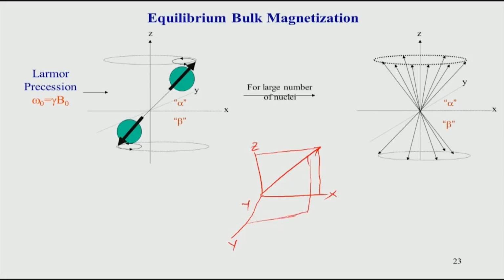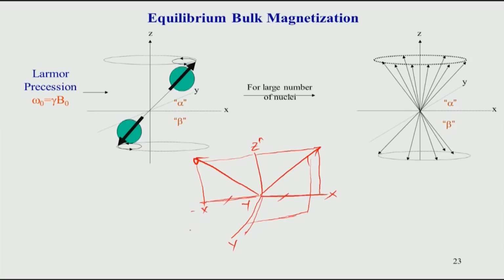Now, if you look at another vector which is in this direction, that will have a component along minus x, a component along z, and it will also have a component along the y axis. So, this minus x component is exactly cancelled by what is here.